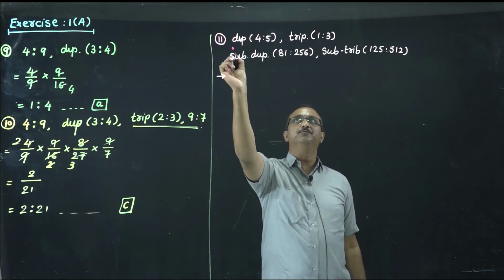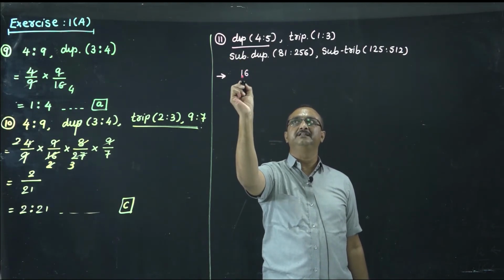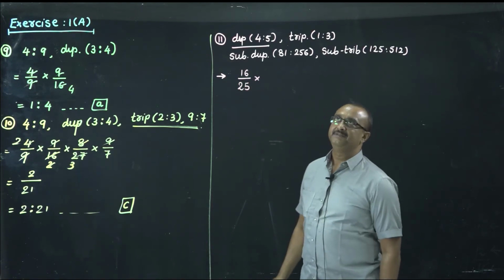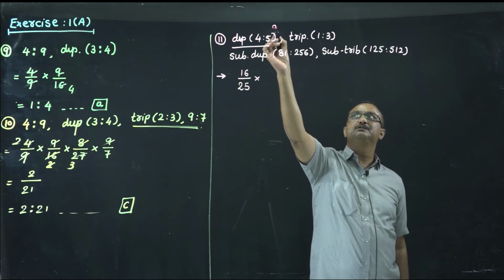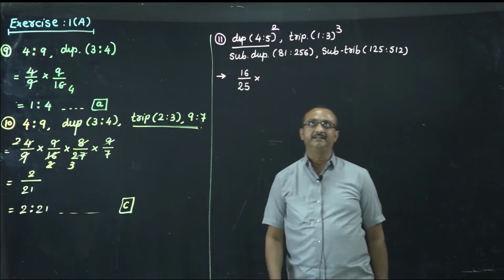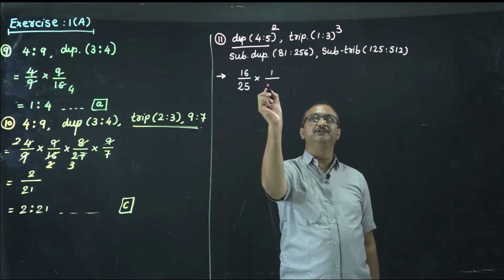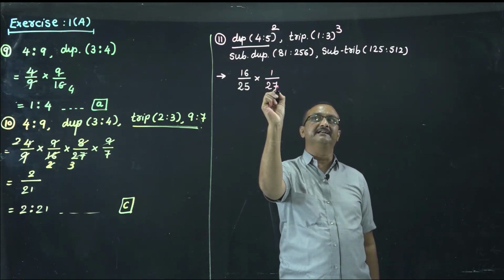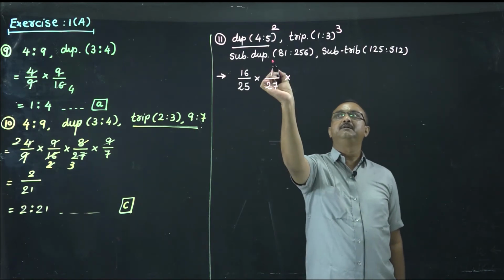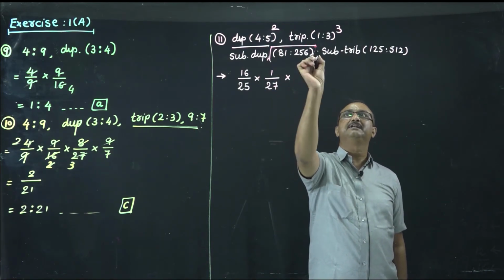4 is to 5, the duplicate is 16 over 25. Triplicate means cube. This is square, this is cube. 1 is to 3: 1 cube is 1 and 3 cube is 27. Now subduplicate means under root.